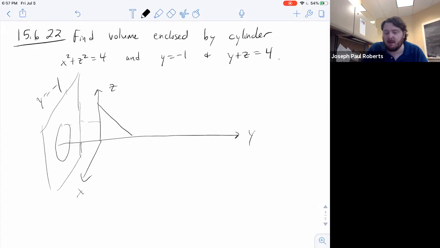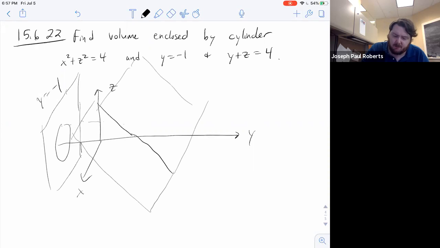You could just think about what the line y plus z equals 4 looks like in the YZ plane, and then all the cross sections perpendicular to the x-axis are that same line. So what ends up happening is you get this cylinder that's sort of cut off at an angle like that. So this solid region here is what we're looking at.